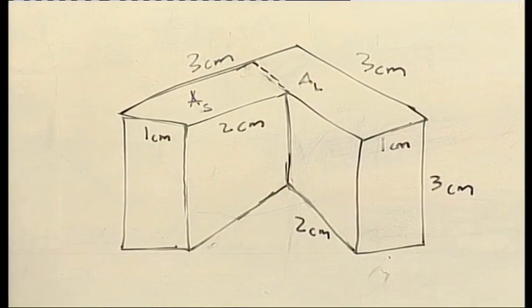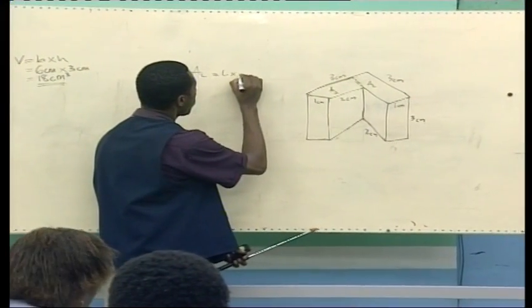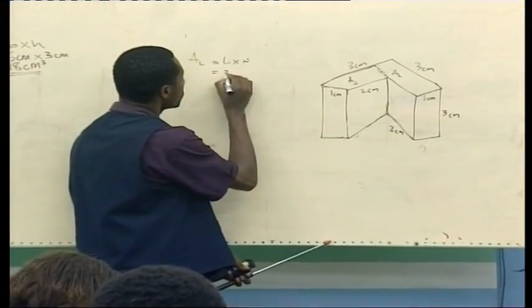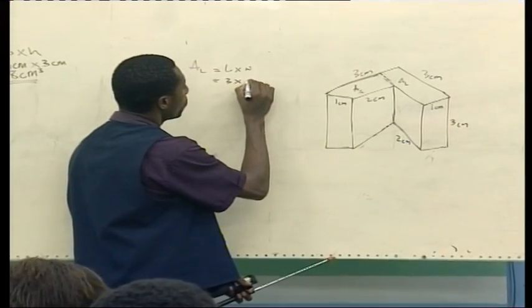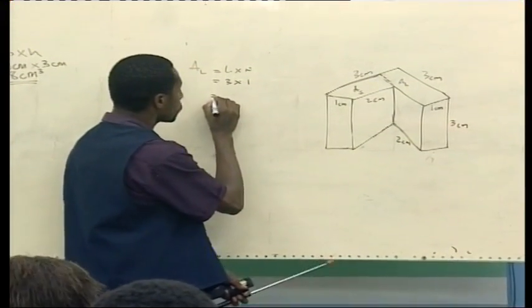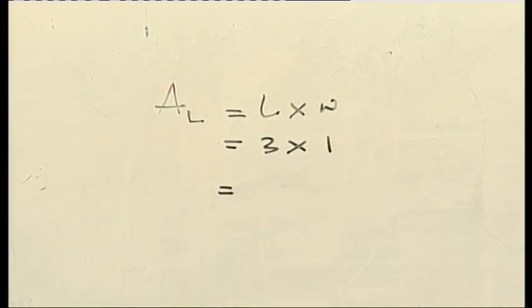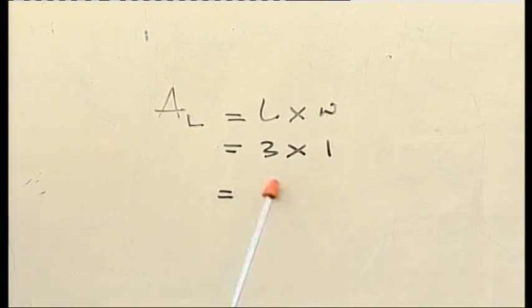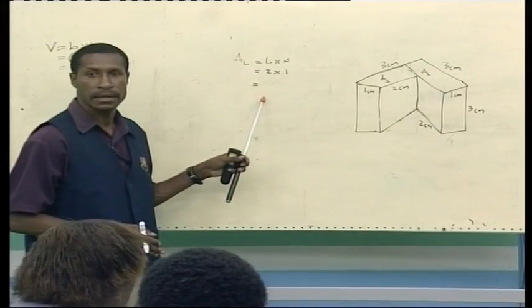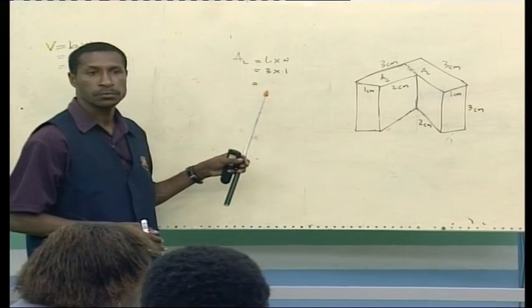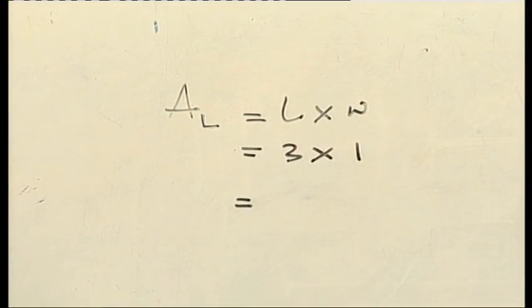What is the length? The length is 3 centimeters. And what is the width? 1 centimeter. Total of 3 what? Centimeter or cubic centimeter? Remember, we are finding the area. What would be the unit? 3 square centimeter.